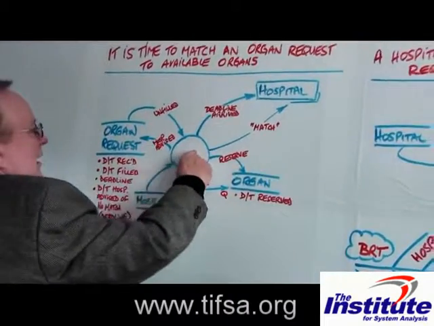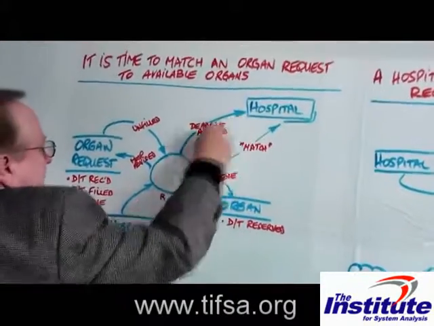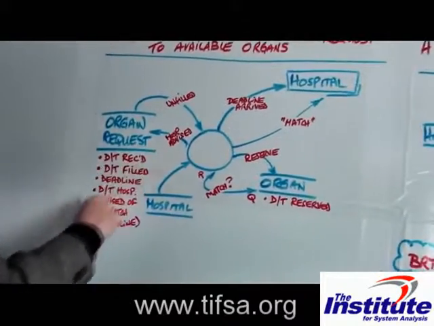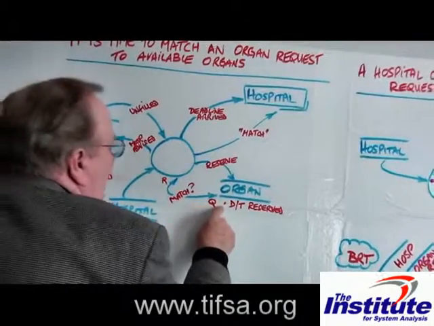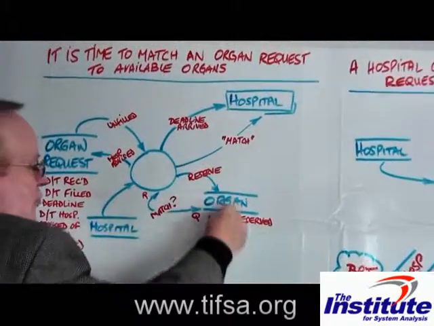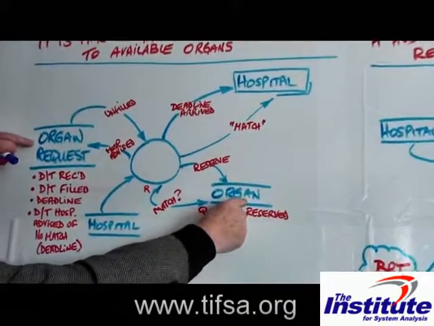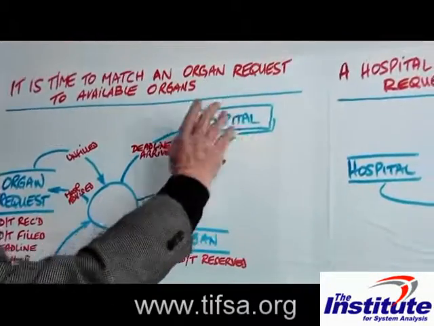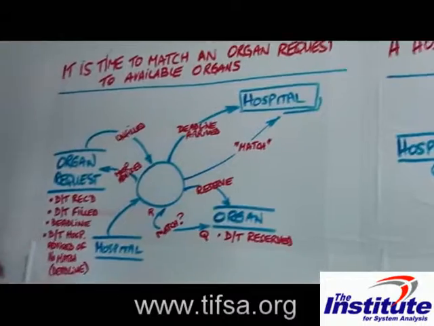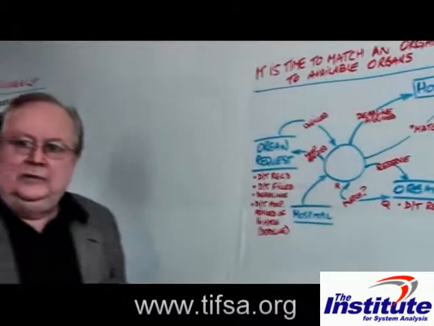Once we reach the deadline, tell the hospital and remember that we told them as well. Once we do find a match, reserve the organ for that request for that hospital and tell the hospital that we've got the match. Everything is done at this point.